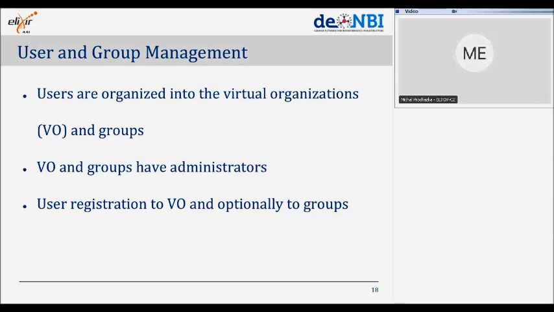They also can divide users into the groups and subgroups as they wish, and this information is then available for their services, for the deNBI cloud centers. The virtual organization and groups can have its own administrator, so we can delegate the rights for managing those users to somebody else. So the delegation is supported.